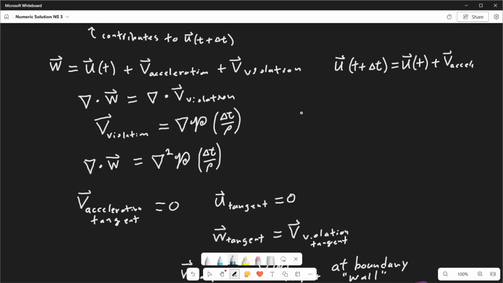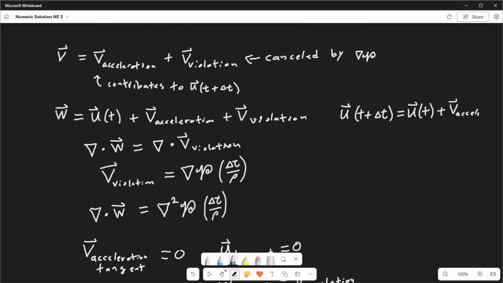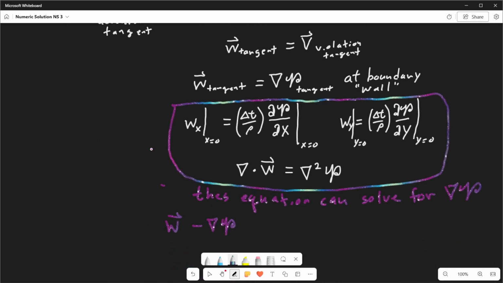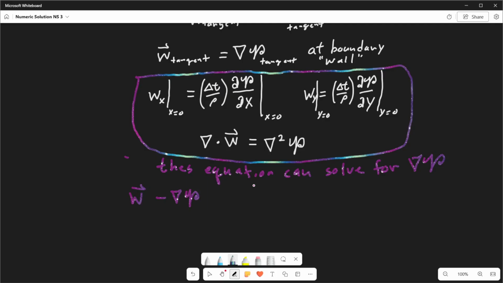Make sure I got that right. Yeah, that's going to be the new velocity. So W vector minus gradient of p is going to equal the velocity at the new time step. So that's basically that.